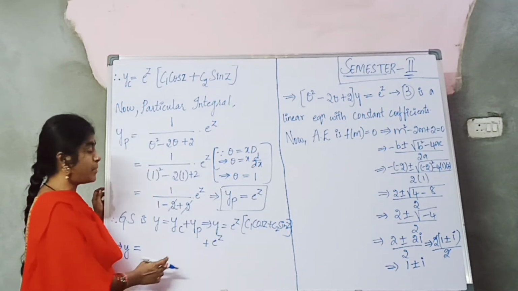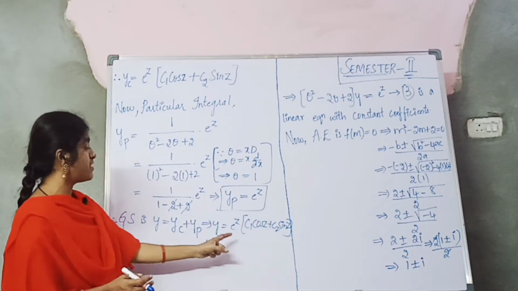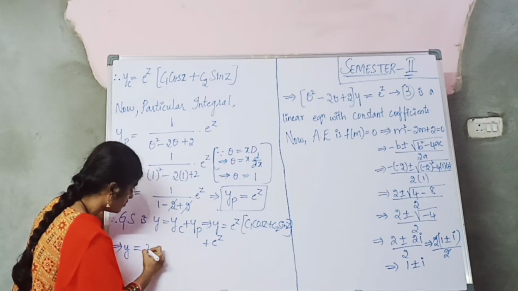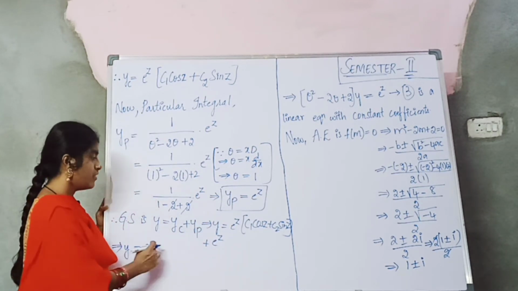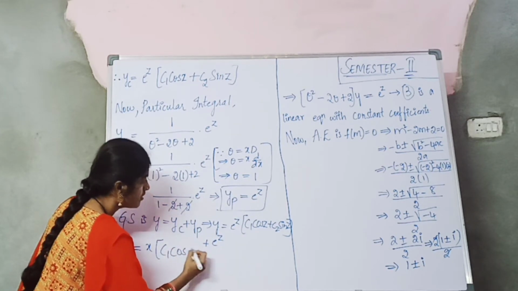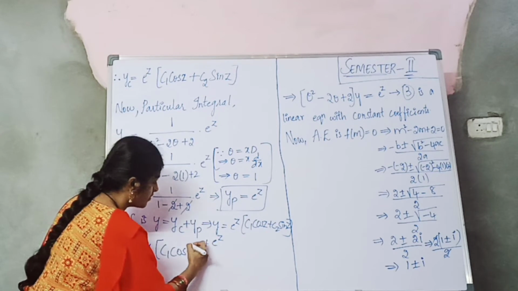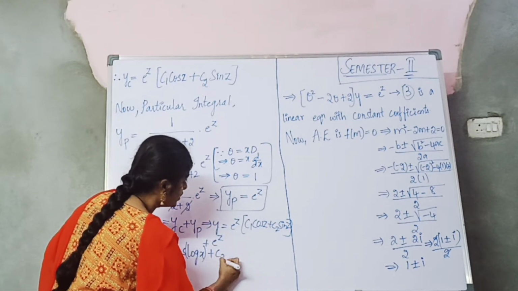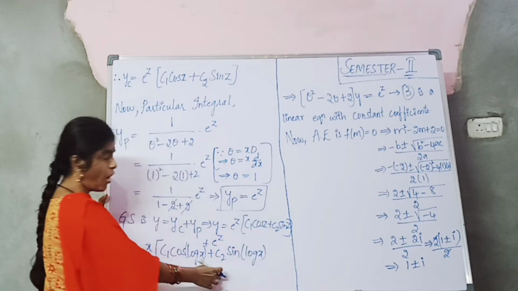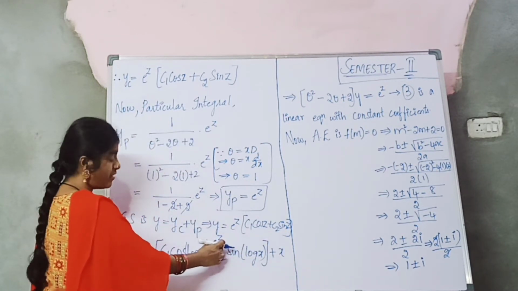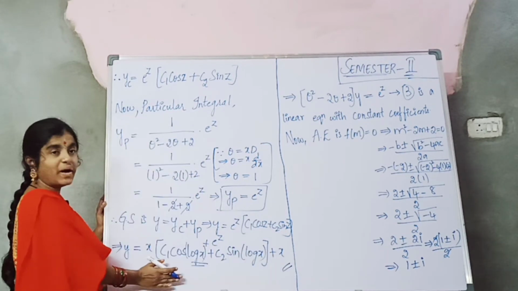Now according to step 3 of the Cauchy-Euler equation, we have to substitute here in place of e power z, x. So y equals to x into c1 cos z means log x. In the place of z, what we have to substitute? log x plus c2 sin of log x plus e power z means x. So this is the required solution.